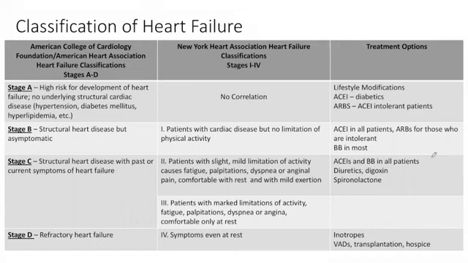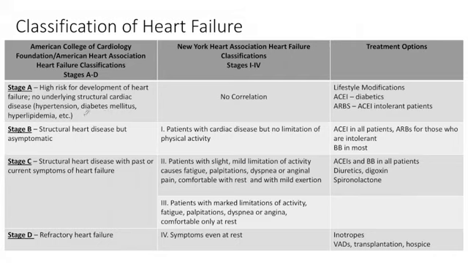There's two classification tables. So we have the ACC and the AHA, which is listed for you here, classifying it as A through D. And then we have the New York Heart Association heart failure classification of 1 through 4. I put them side by side so that you could see exactly how they correlate with each other.